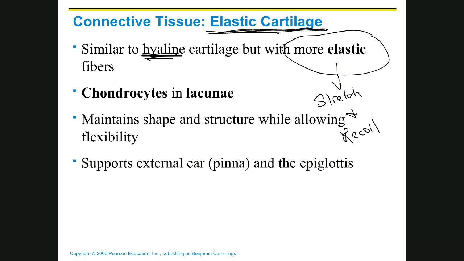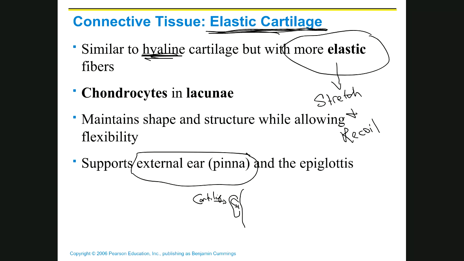Now, you don't have much of this in the body. The most obvious place is in your ear, your external ear. Everybody feel your ear. It's got these ridges in it and so on. All of that, those ridges, that's this elastic cartilage.